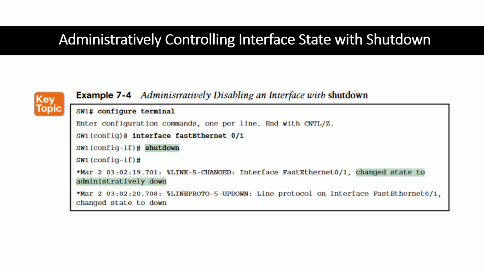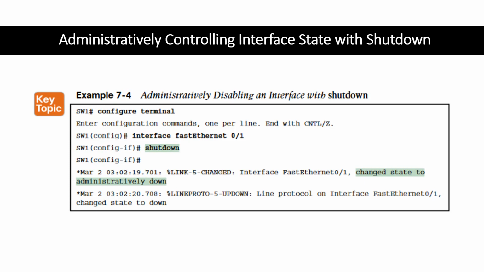He can. Being the administrator, he can administratively control the interface state with shutdown. Putting the command shutdown in interface configuration mode, as you can see in the screenshot for Switch 1, he will disable the actual interface. So layer 1 and layer 2 will be shut down.